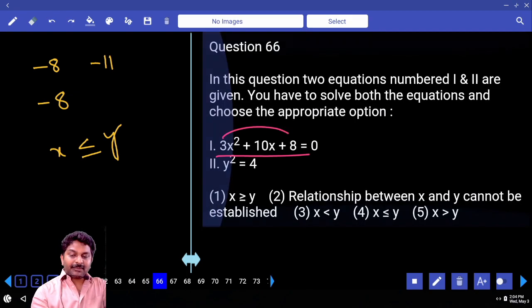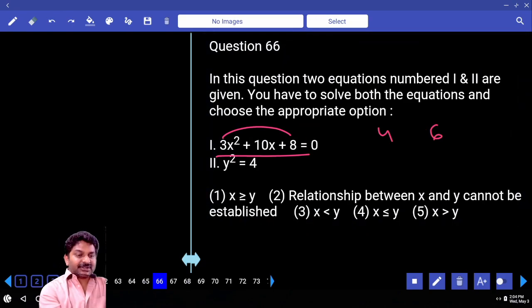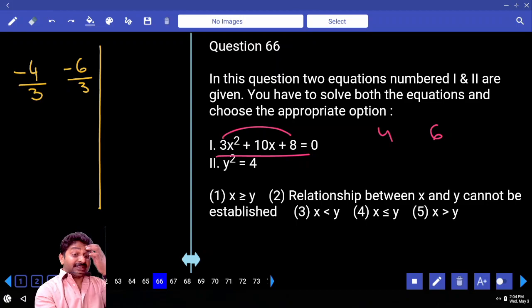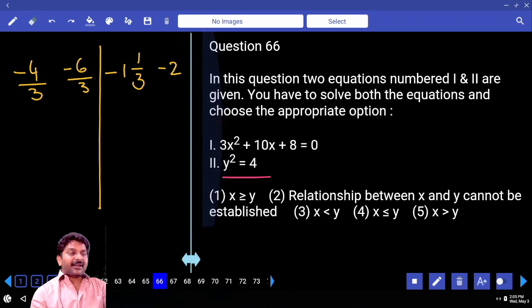Product must be 24, plus 4 plus 6 is the combination. Factors are minus 4 minus 6 divided by the coefficient of x square, which is 3. This is minus 1 by 3 and this is minus 2. y square is equal to 4.